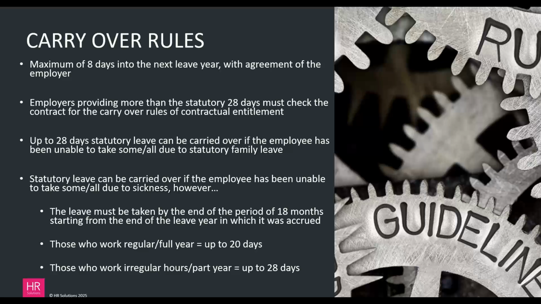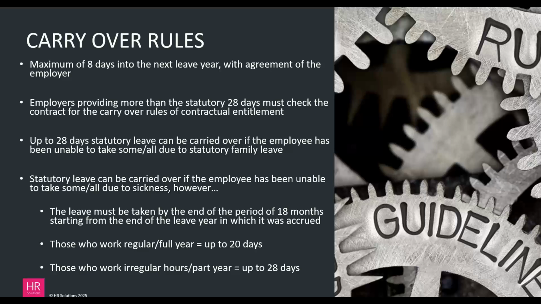Where statutory leave hasn't been taken due to sickness, it can be carried over, but this is where it gets complicated because it depends on which of the two types of workers I've just gone through. For example, those who work regular full year have the right to carry over up to 20 days. But if somebody is an irregular hours worker or part year, they can carry up to 28 days into the following year.